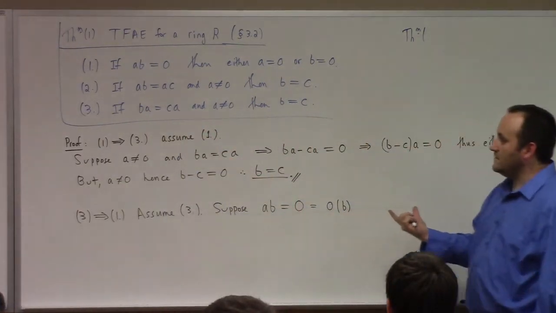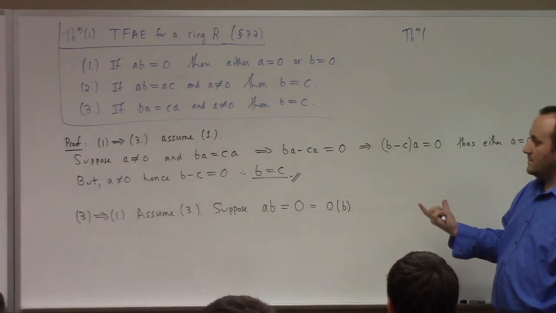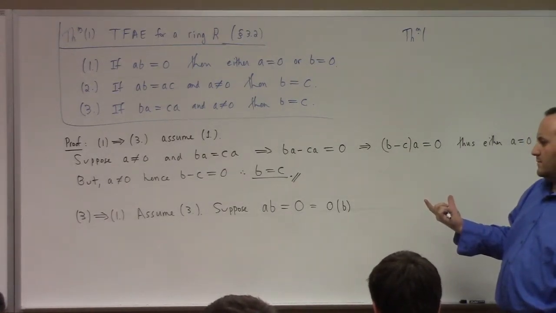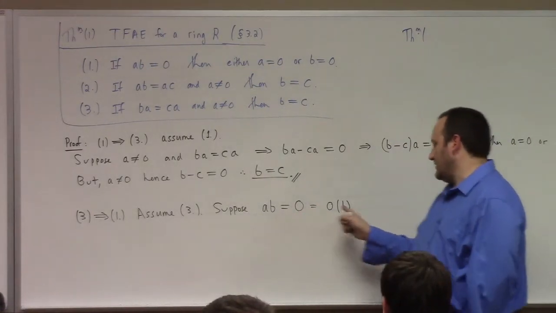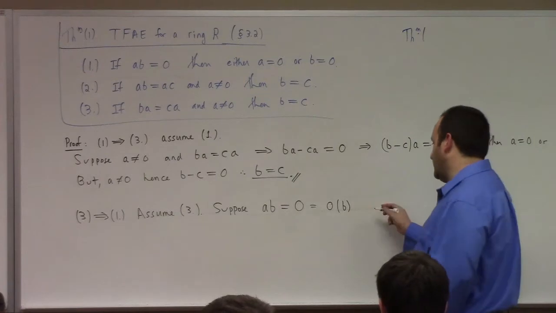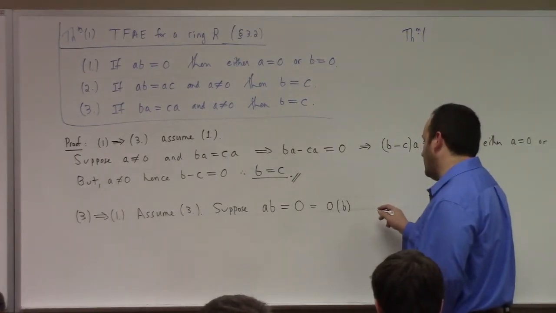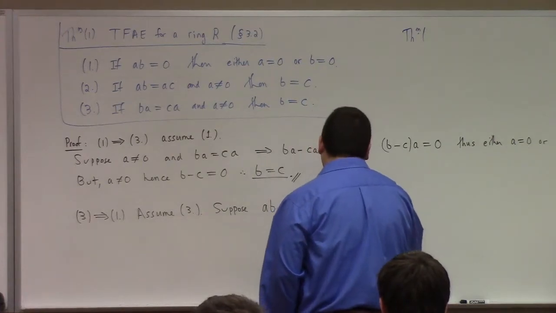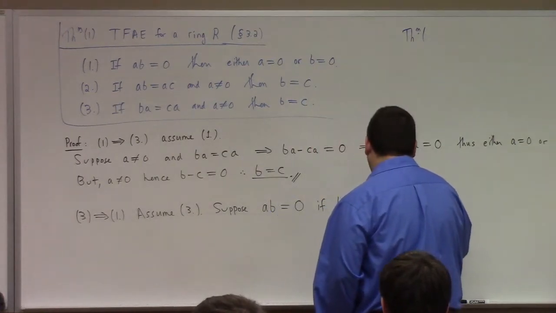Wait a minute. So if B equals 0, we're done. So assume B is not equal to 0. Oh, because I got B and B, so I can cancel. So if B is equal to 0, we're done.